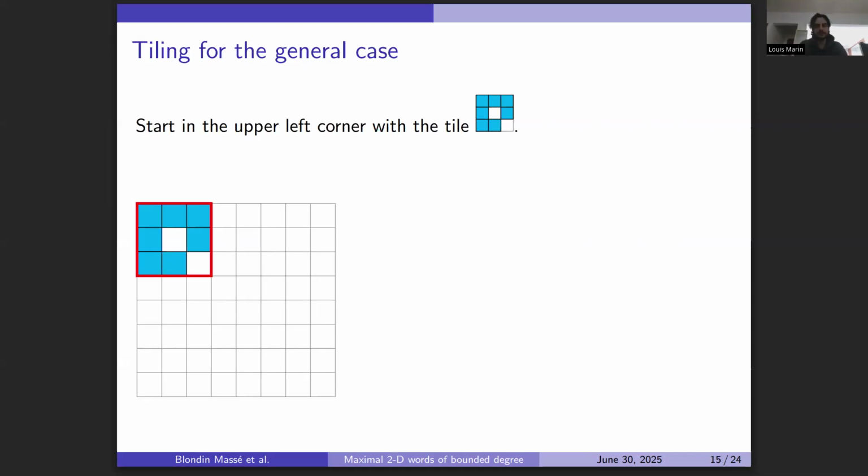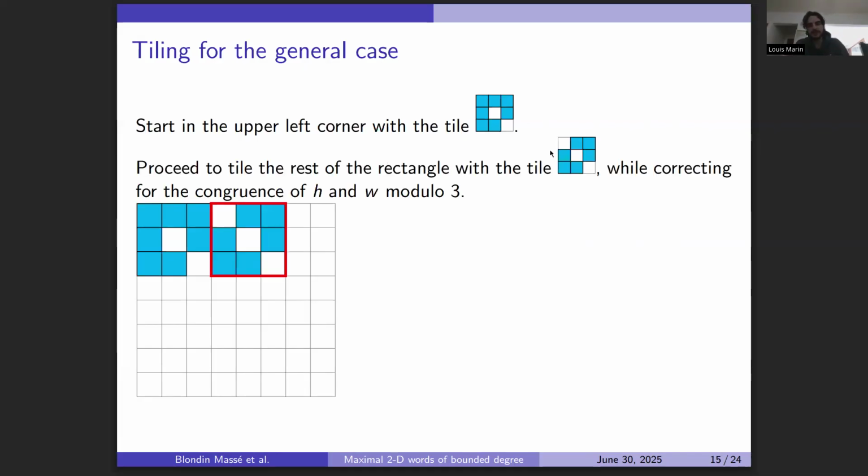So first, we start with a 3 by 3 tile at the upper left corner. And then we tile the rest of the rectangle with this tile. First we tile whenever it's possible. When we have the space, we tile. So we tile here, we have the space here.